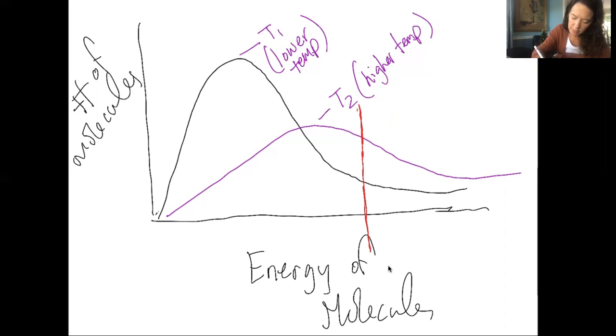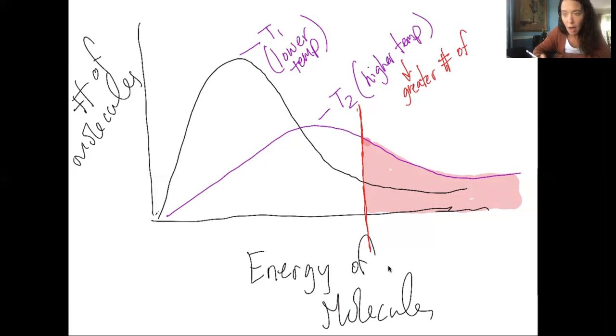What it is that after this line, the area underneath the curve, so for the higher temperature, we've got a greater area, greater number. The area under the curve that I have highlighted represents the number of particles that have the required activation energy.